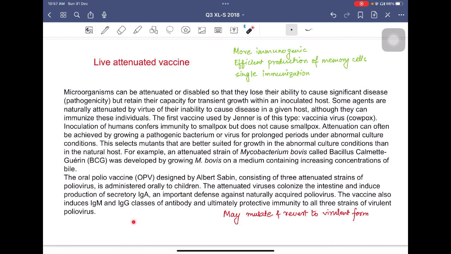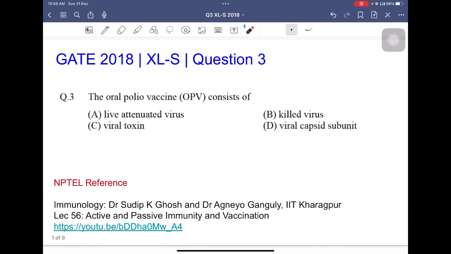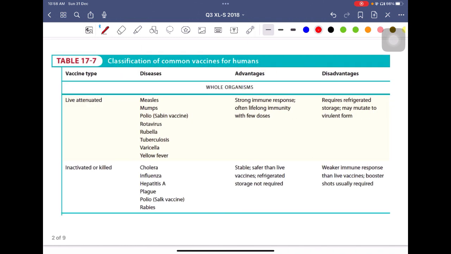So it is a live attenuated virus. So the answer here will be live attenuated virus. This is the Sabin polio vaccine, and the Salk polio vaccine is the inactivated type of virus, where the virus is treated with formaldehyde to inactivate the virus.